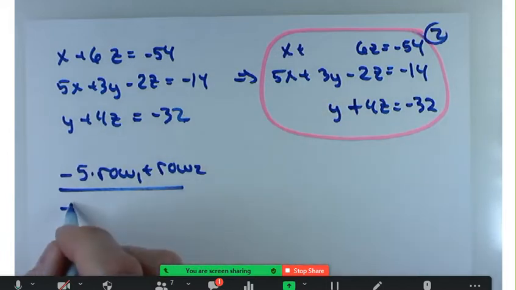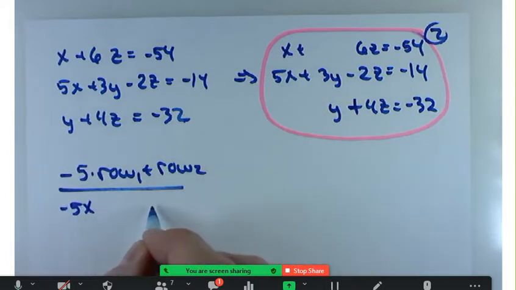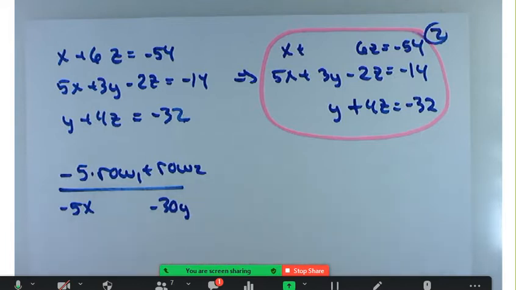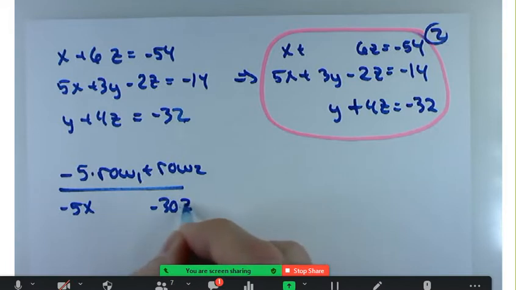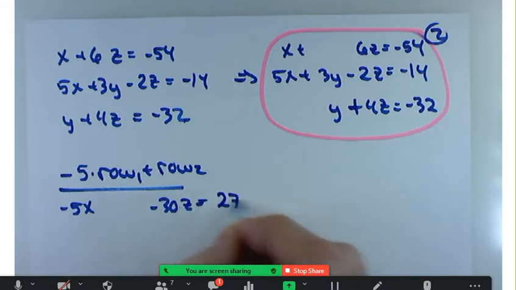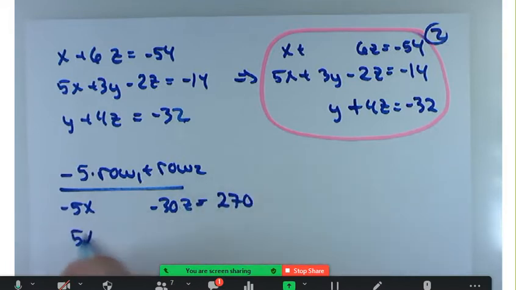It'd be -5x minus 30z equals 270. And I'm going to add that to 5x plus 3y minus 2z equals -14.